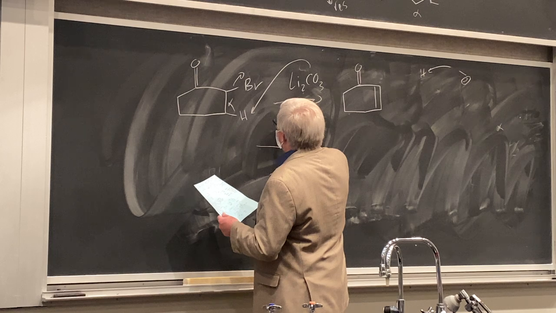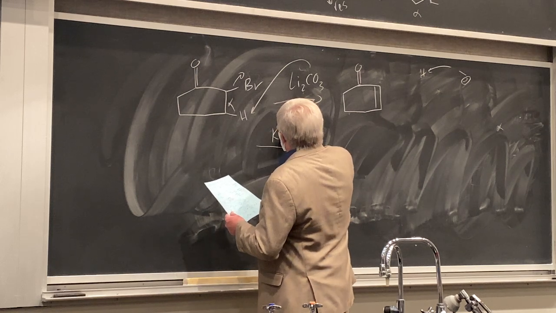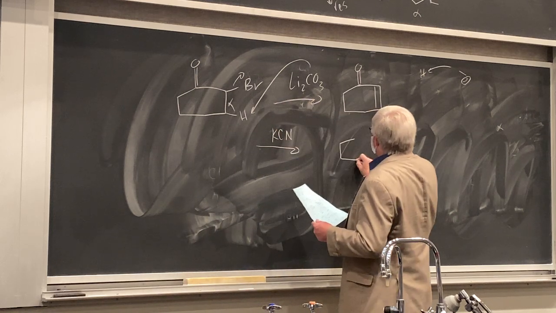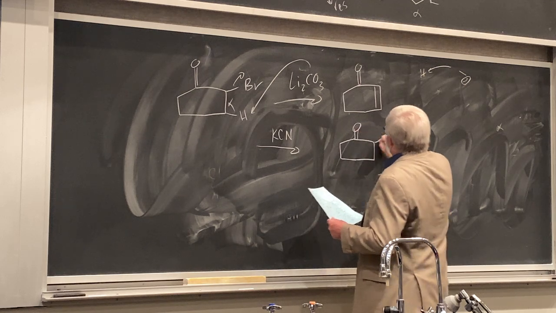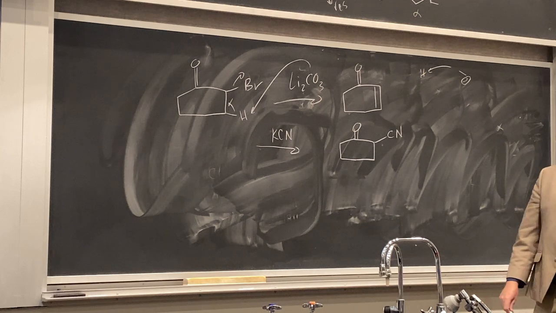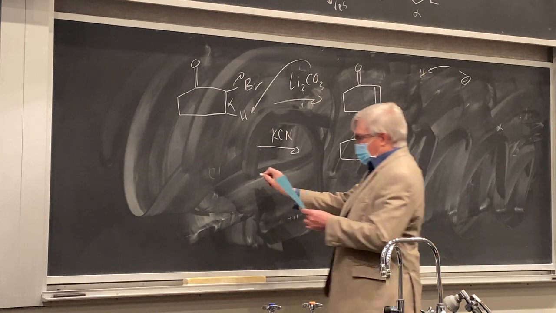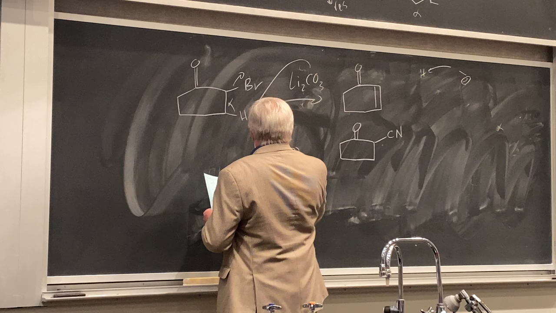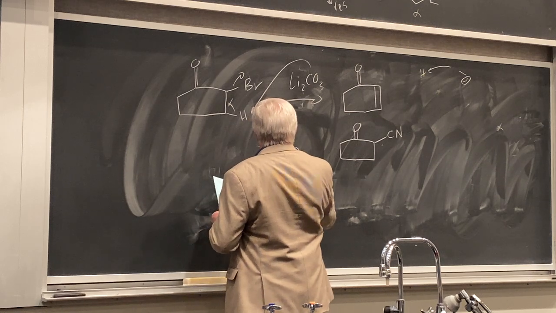Or you can react it with a nucleophile. How about potassium cyanide? Well, then you get an SN2 reaction. You'll get the alpha cyano one. Or one the book points out is the nitrogen.